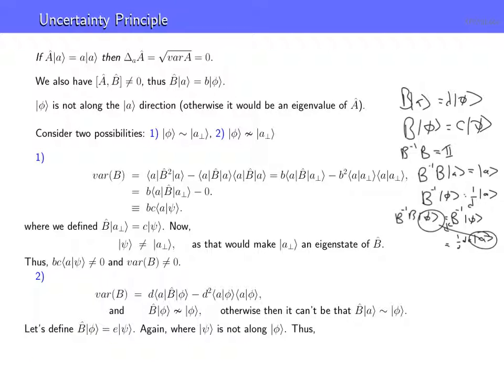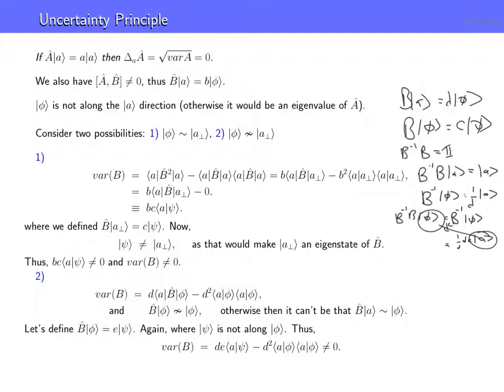All right. So that means that we want to define B phi on some psi, where again, psi now, like I said, is not along phi. It has to change into something else, and it can't change back into A either. If that's the case, and we go through and calculate the variance, we get now that dA on psi minus d squared A phi is not equal to 0. Now, you might not buy that.